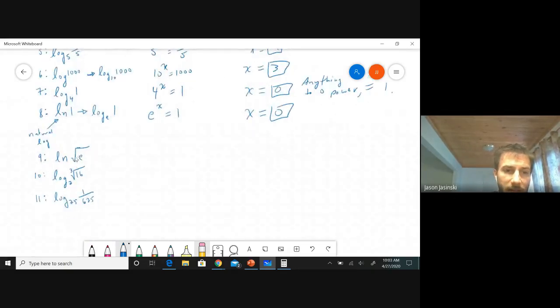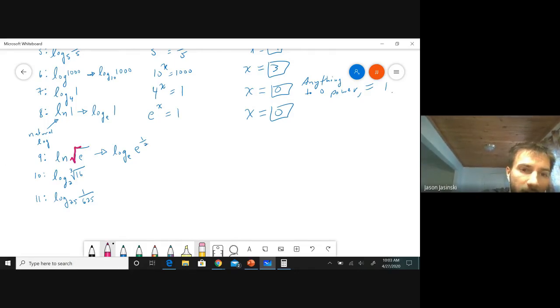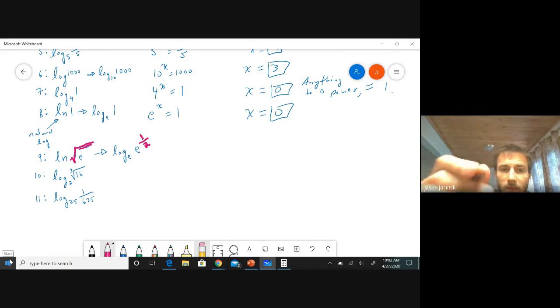Example 9 has a square root. So we're going to consider this as log base e of e to the 1/2 power. Remember, square root means 1/2 power. I'll indicate that in pink or magenta. Okay.